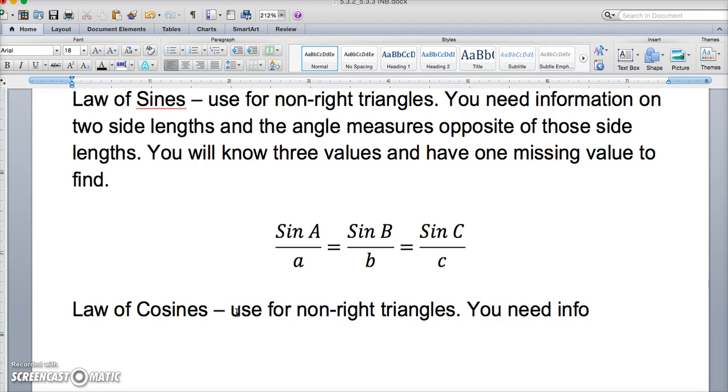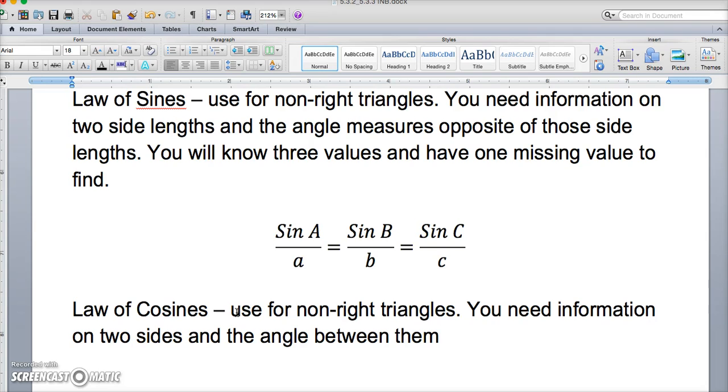You need information on 3 sides. Well, let me take that back. On 2 sides and the angle between them.